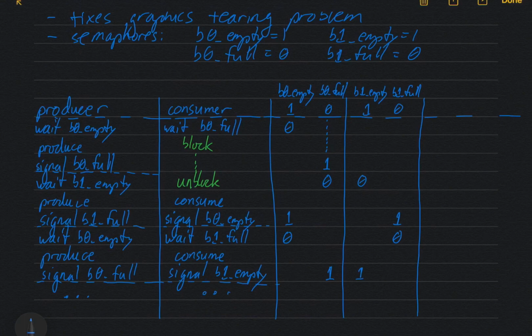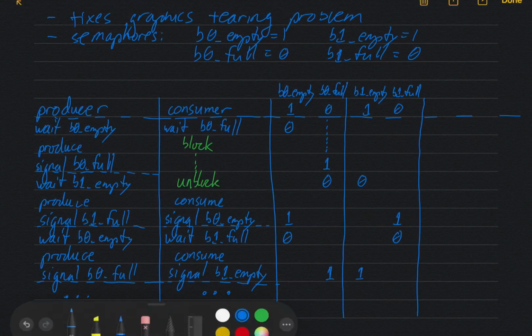And so on. What we can do now is combine the empty semaphores and the full semaphores into one semaphore each, and this will allow us to move on to a more general solution.